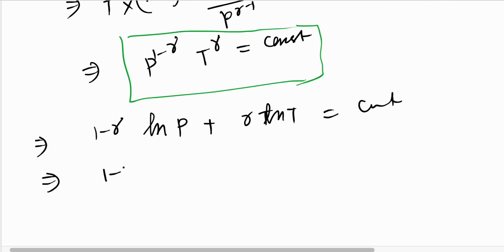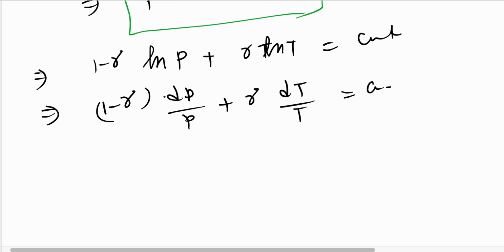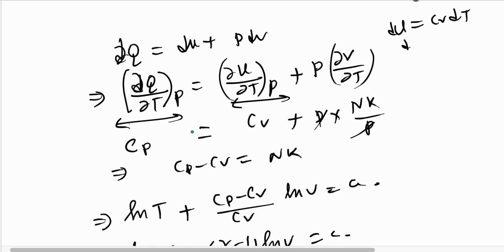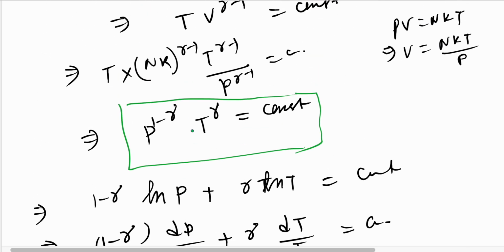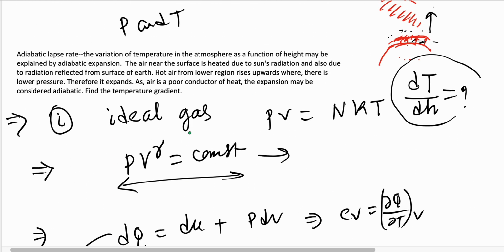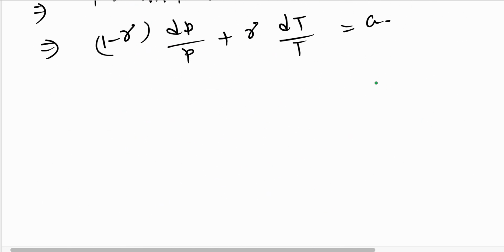Now its differential form will be nothing but (1 minus gamma) dP by P plus gamma dT by T is equal to constant. Now let's apply some physical things here. Since we have to calculate dT by dh, we have to extract the pressure in terms of the height.